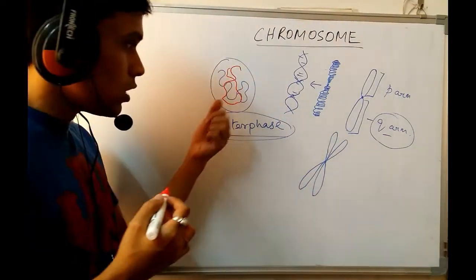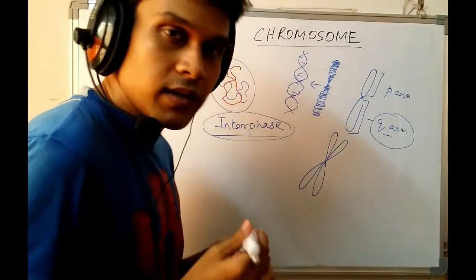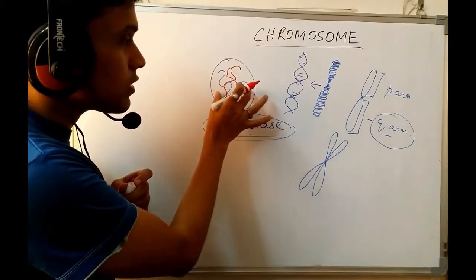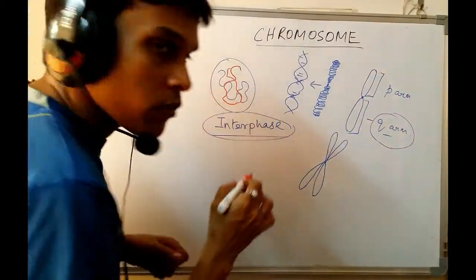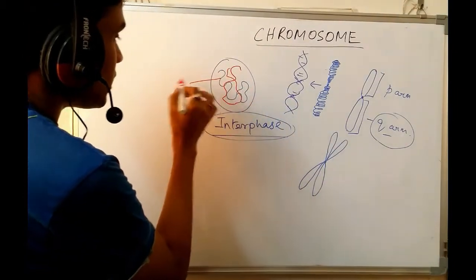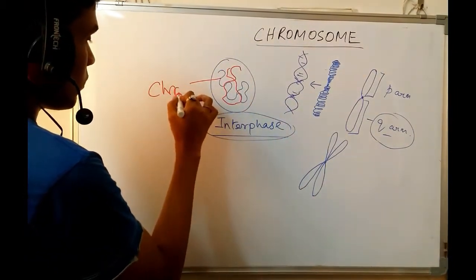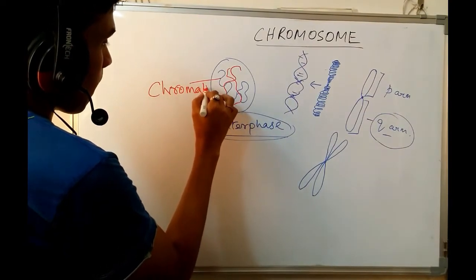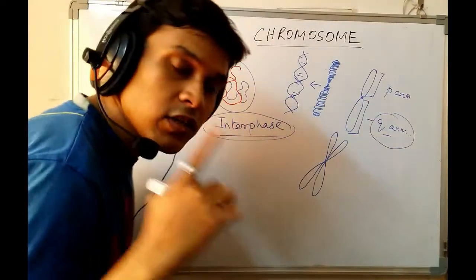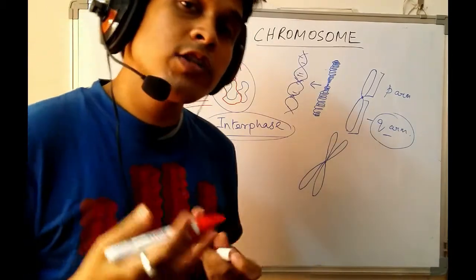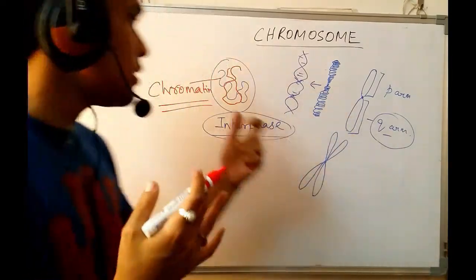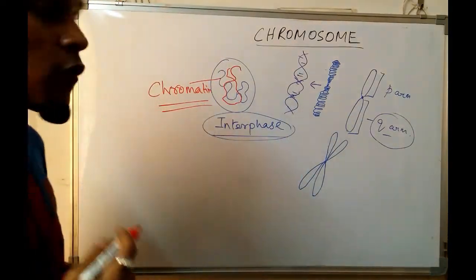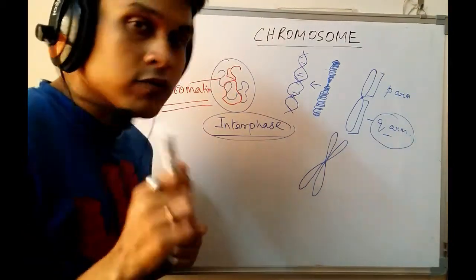That is why it is called chromosome. It's a thread-like structure. Sometimes we refer to this phase of the chromosome as chromatin. There is another definition of chromatin when I talk about DNA packaging, but if you say this phase of the chromosome is chromatin, that is also correct.